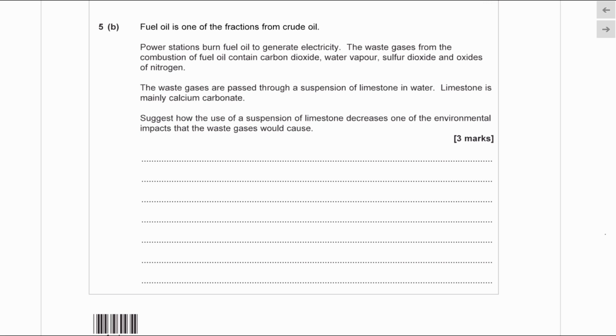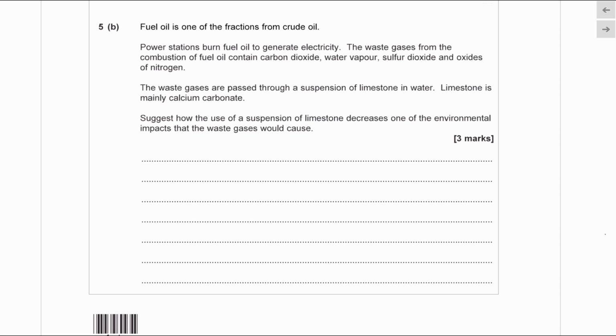It says that fuel oil is one of the fractions from crude oil. Power stations burn fuel oil to generate electricity, and the waste gases from the combustion of fuel oil contain carbon dioxide, water vapor, sulfur dioxide, and oxides of nitrogen. The waste gases are passed through a suspension of limestone in water. Limestone is mainly calcium carbonate.